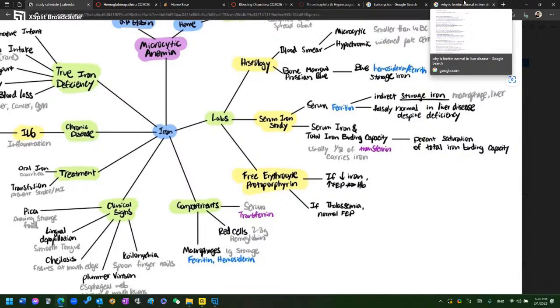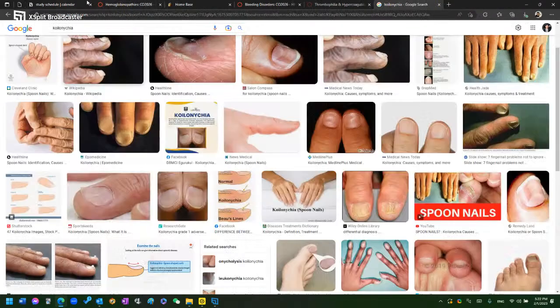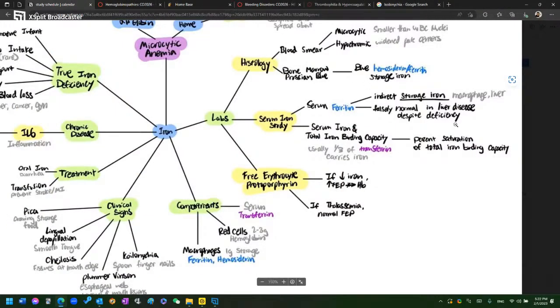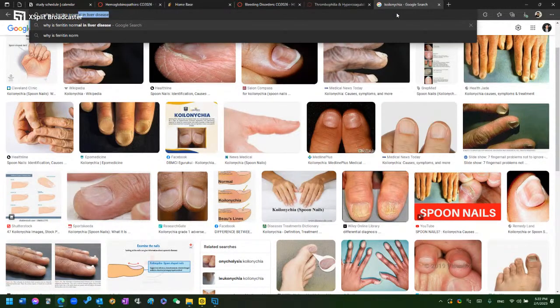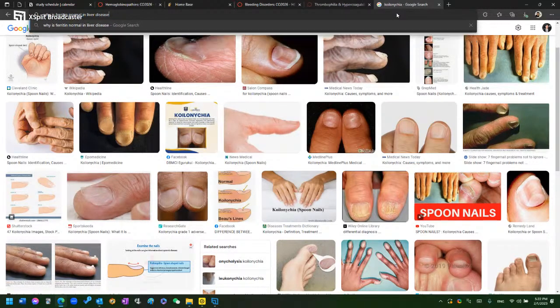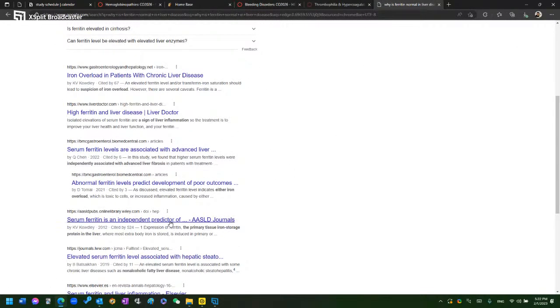I don't really know why storage iron would be higher. I imagine it's because in liver disease you're having damage to the cells that normally store your iron. I don't actually know. Why is ferritin normal? I already looked that up, but hopefully I can find something. Why though?